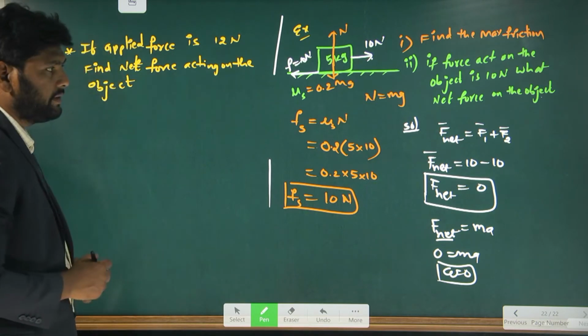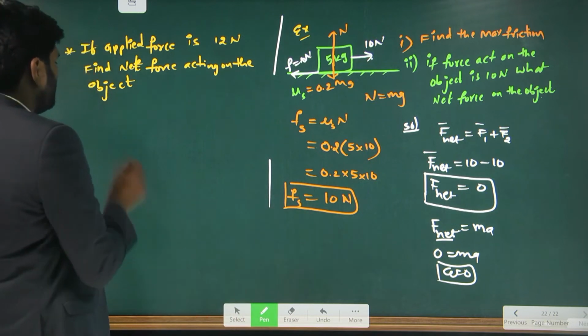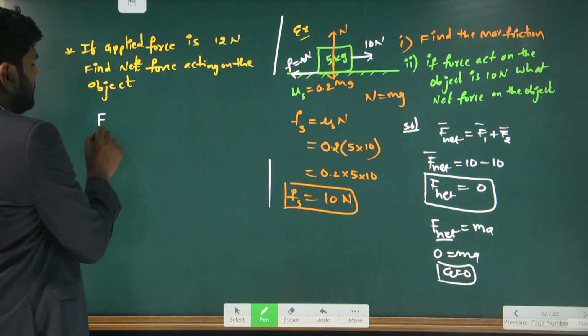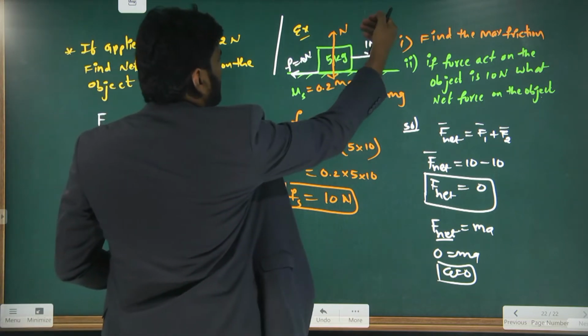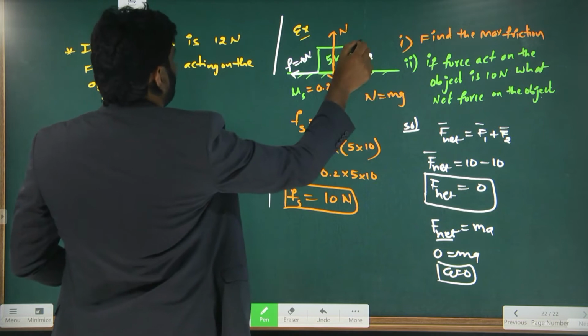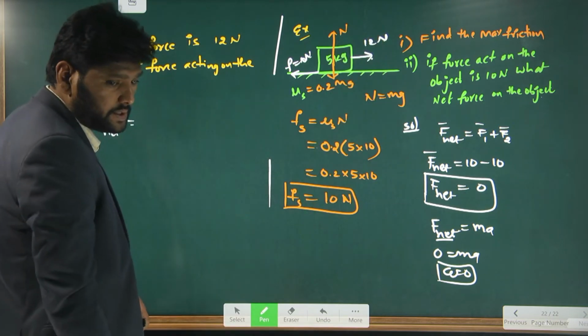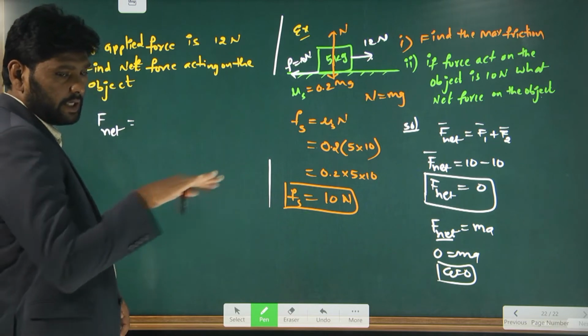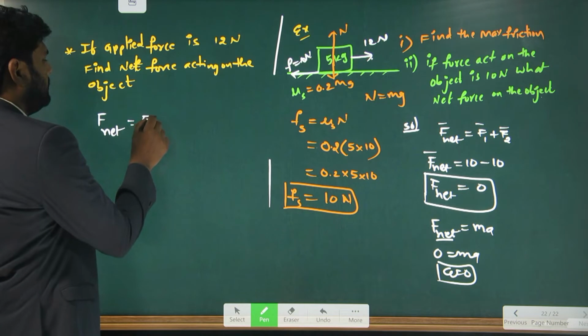So how do you solve the net force? What is meant by net force? Net force means sum of the forces. How many forces are acting on this body? Here now it is 12 Newton acting, and again 2 forces along the horizontal direction, that is F1 plus F2.